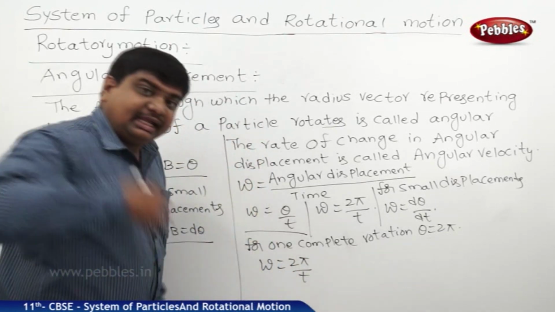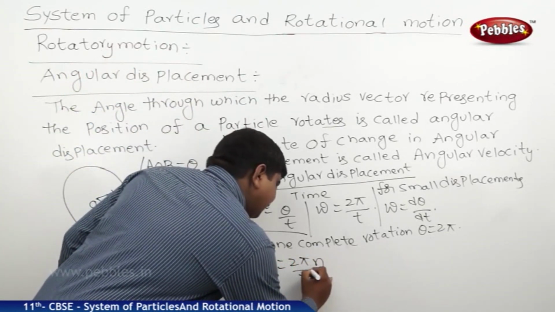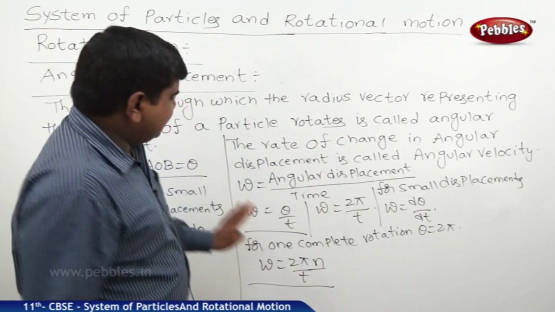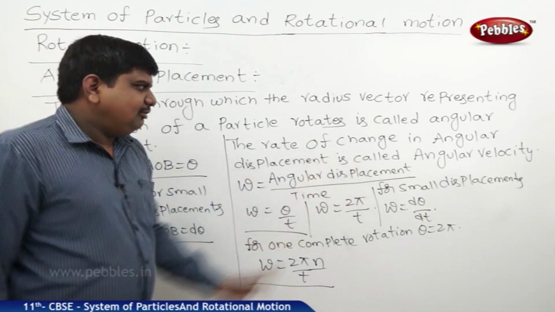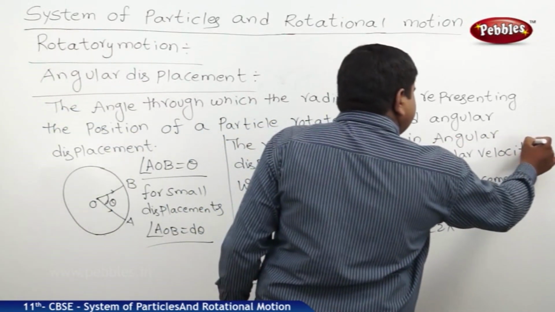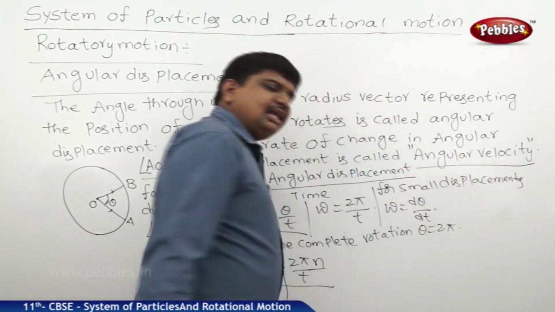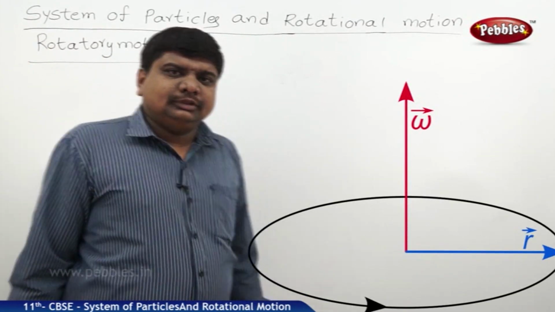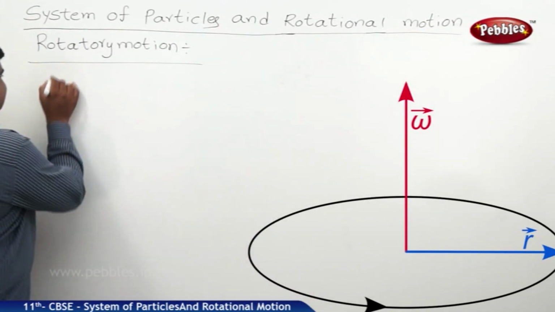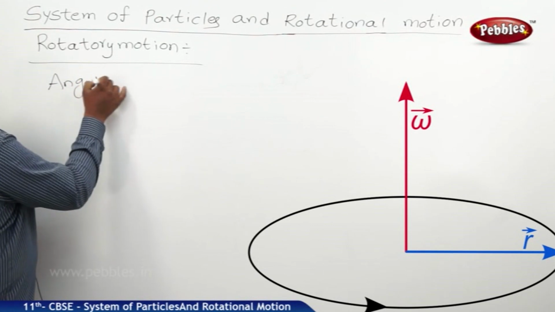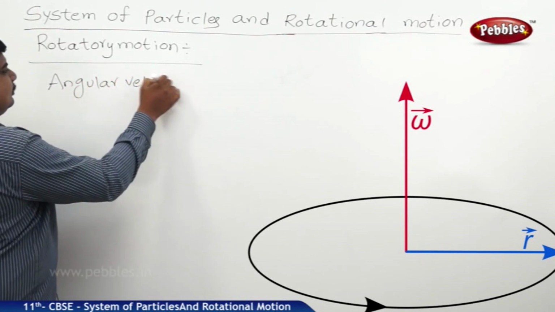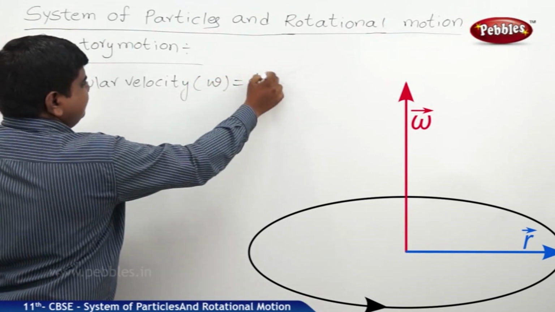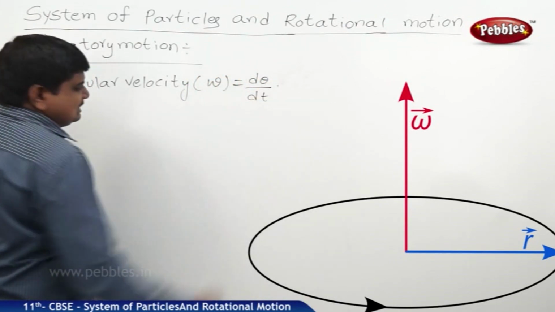For n rotations, it will be 2 pi n by t, because 2 pi by t into n. So like this, we can define the angular velocity also. Angular velocity is nothing but the rate of change in angular displacement. So angular velocity omega is equal to d theta by dt for small displacements.